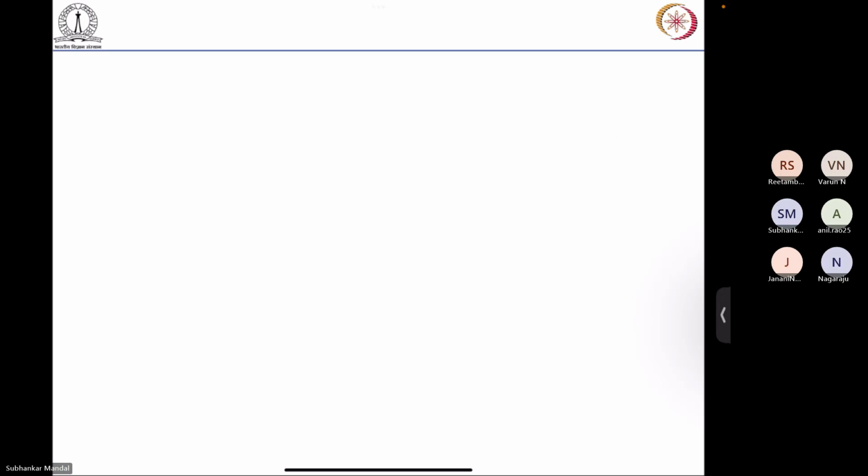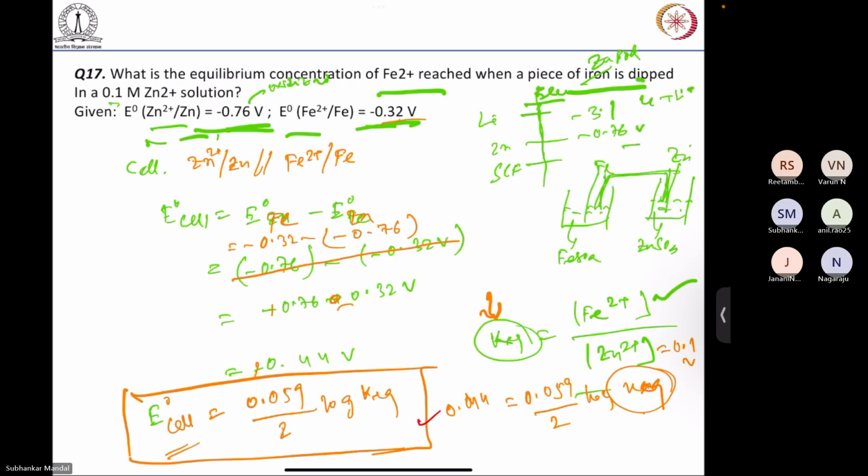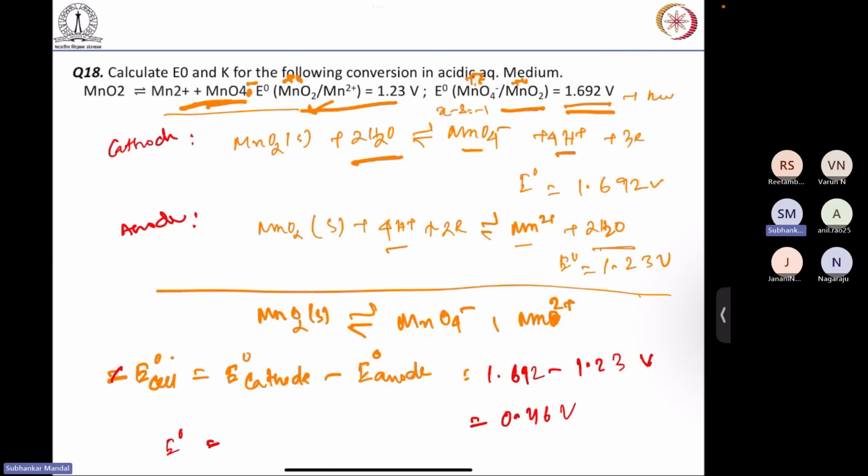This is the equation: 0.059 by n. So what is the number of electrons here?